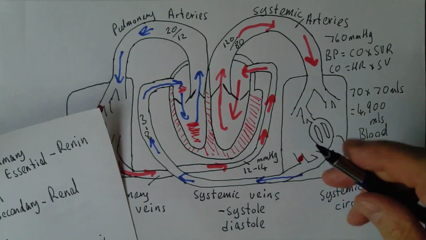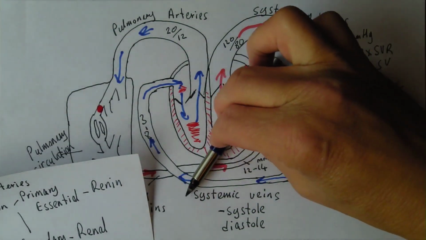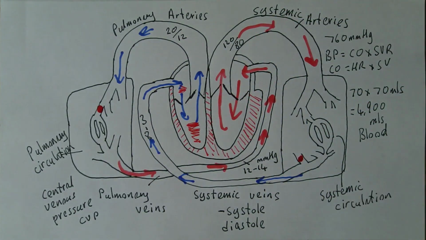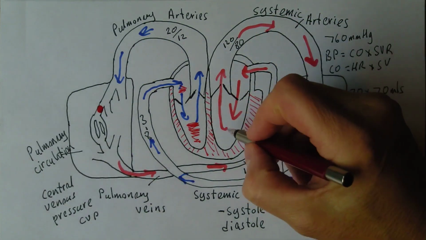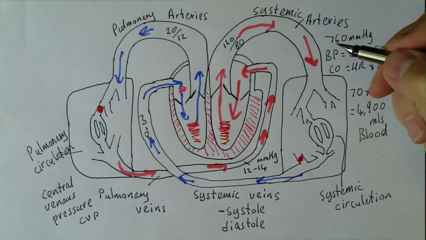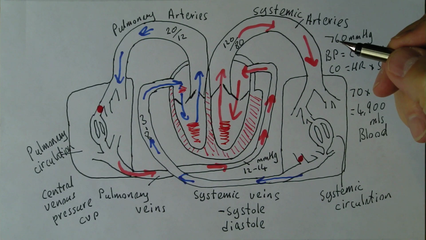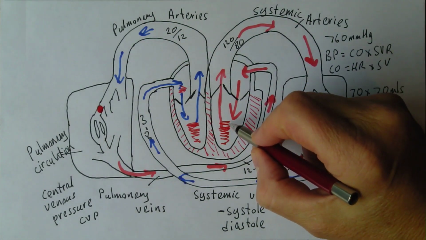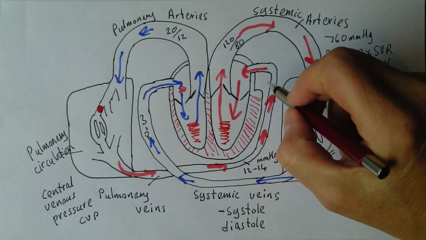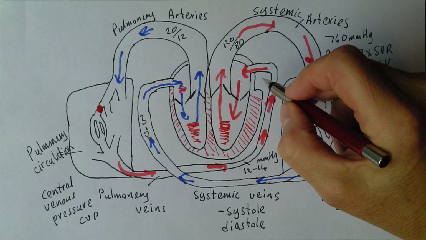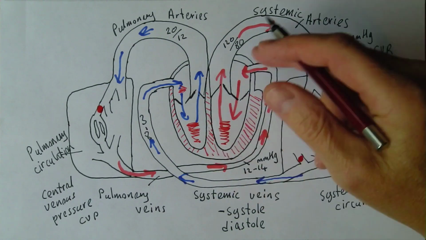And if the left ventricle fails, if the left ventricle is not pumping the blood out properly, then that will mean that there's some blood left in the left ventricle at the end of systole. That's going to make it harder for the blood to get from the left atrium into the left ventricle. That means the blood is going to find it harder to get from the pulmonary veins into the left atrium. There's going to be a damming back.